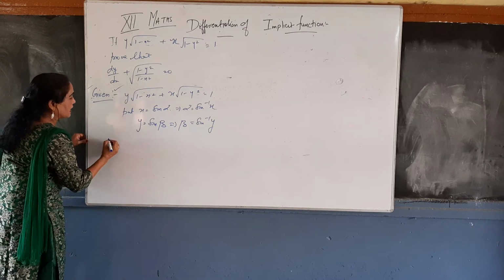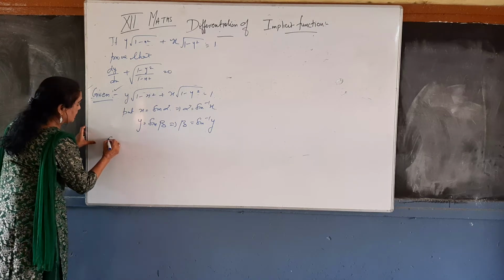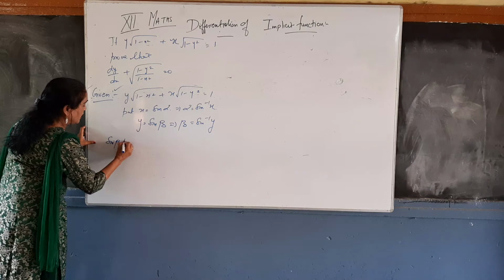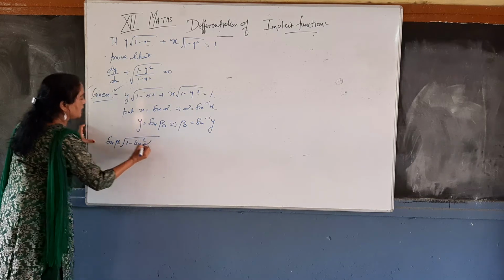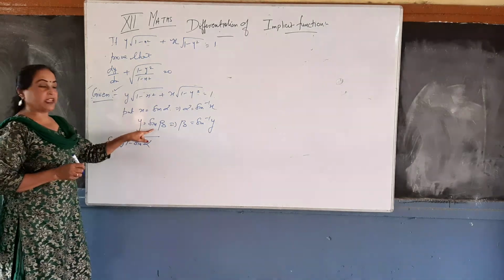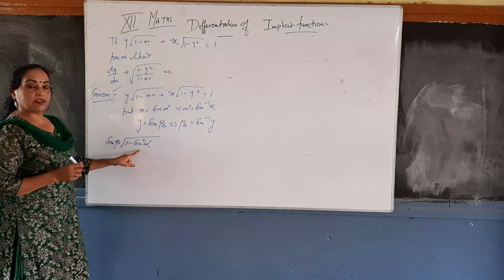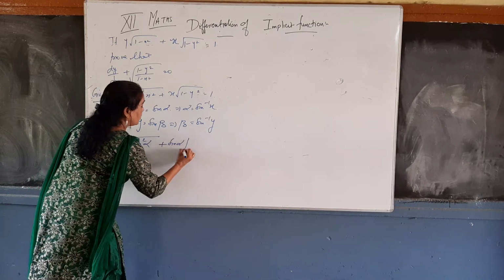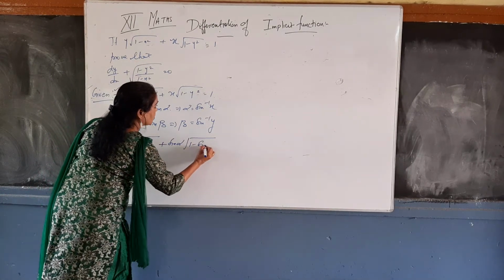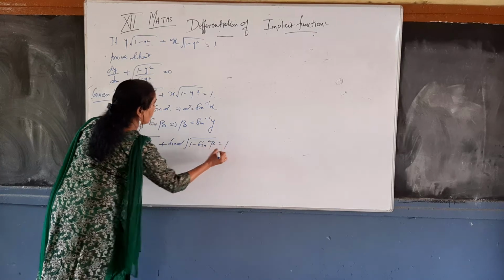We will get y, which is sine beta, into under root 1 minus sine square alpha, plus x, which is sine alpha, into under root 1 minus sine square beta, equal to 1.